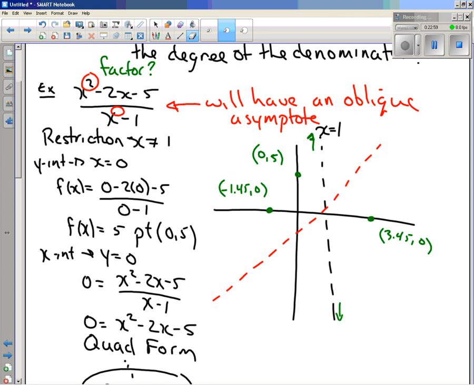Let's call it slant of x equals x minus 1. And now we know that as our graph approaches infinity or negative infinity, it's going to get really close to this oblique asymptote. So if we're drawing the left side of it, it's going to come down, go through our x-intercepts, through our y-intercepts, and approach that line. And the same thing heading this way.